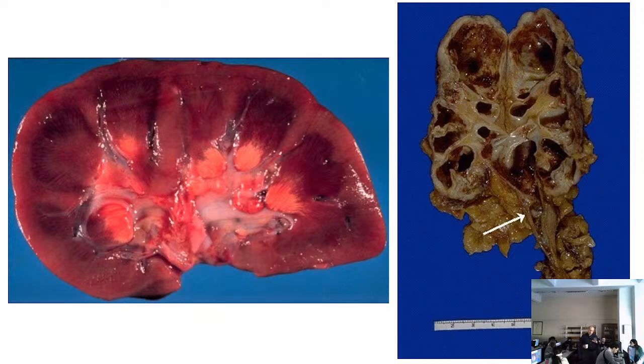So, when we have a stone, you should always check the value of calcium in the patient's serum. If it is increased, look for the cause of hypercalcemia, because in this case, you treat the stone, and if you leave the hypercalcemia, another stone will form again.